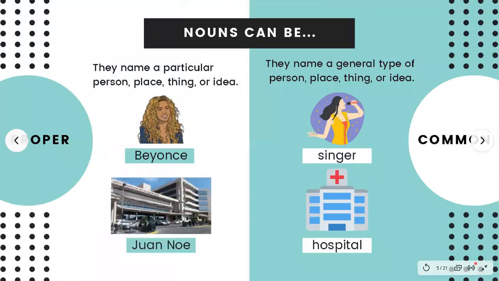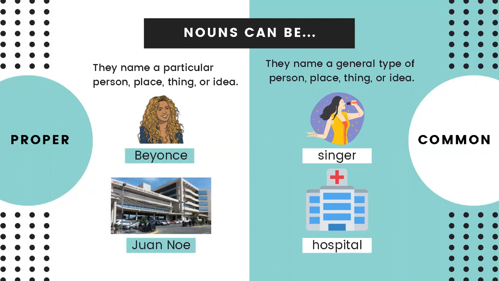And we have different types of nouns, but we're going to focus only on 2 categories of nouns for today. And the first one is that we have proper and common nouns. Tenemos sustantivos propios y comunes. And what are proper nouns? Como el nombre lo dice, they name a particular person, place, thing, or idea. Okay, so they name a unique type of something.